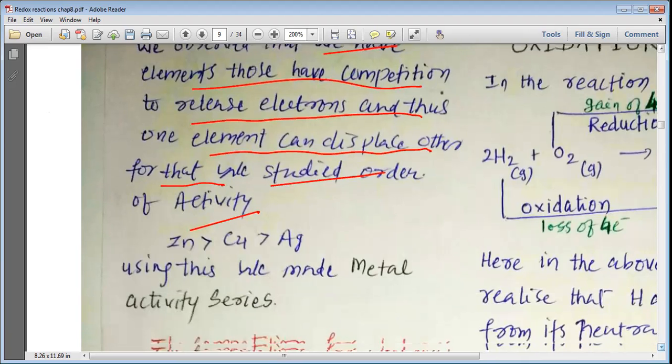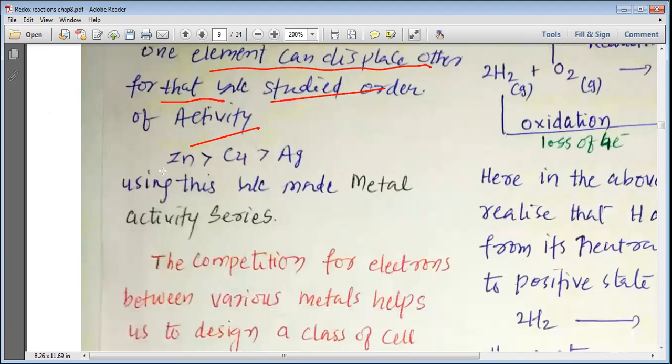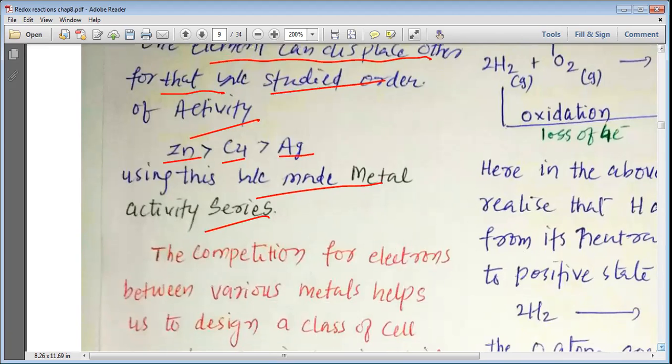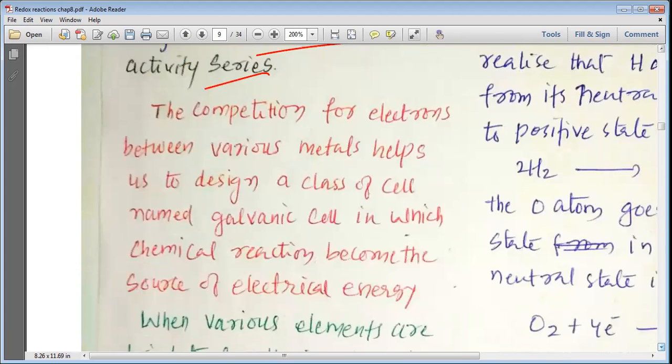So from all this, we can conclude that zinc has more possibility of releasing electrons than copper, and copper has more ability to release electrons than silver. So we can arrange them in the decreasing order of their ability to release electrons. Using this, we made the metal activity series, which we already studied in the 10th standard.